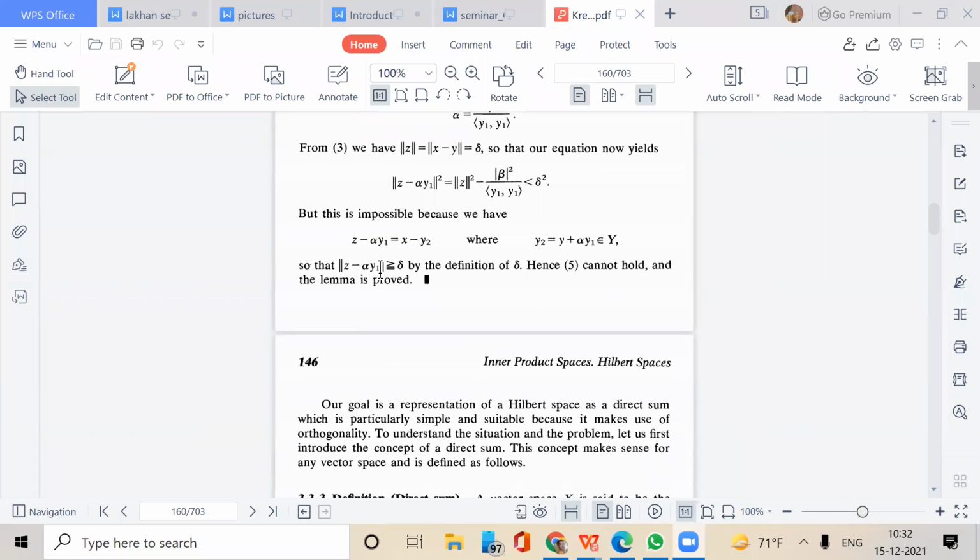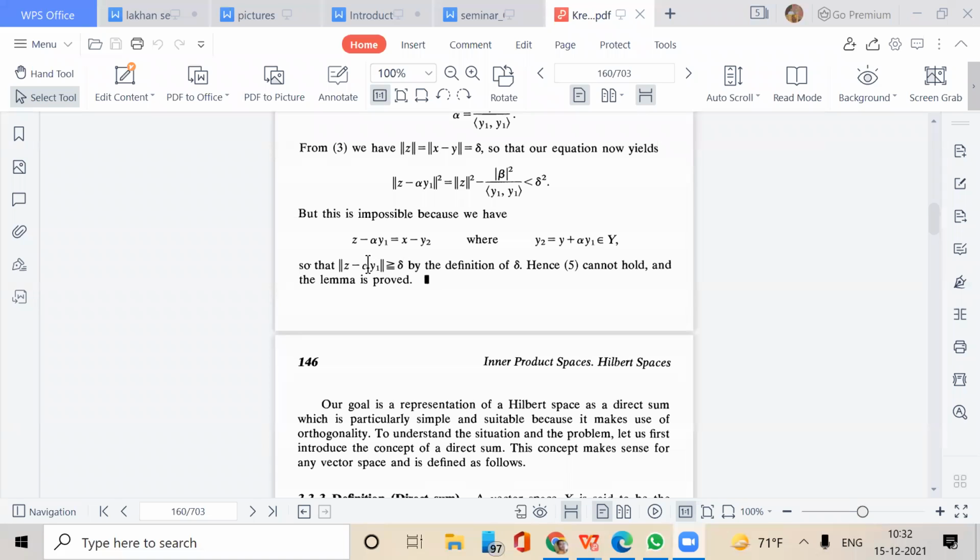We put the value of z in this norm: x minus y, and taking the minus sign common, the bracket becomes x minus y plus alpha y1, which belongs to capital Y. So it is x minus an element in Y, and it is greater than or equal to delta because delta is the infimum.